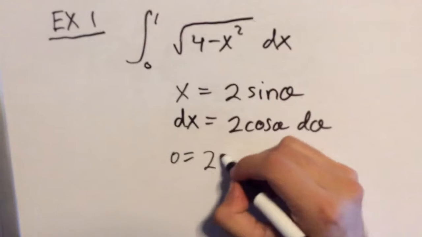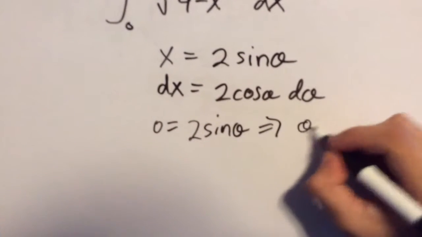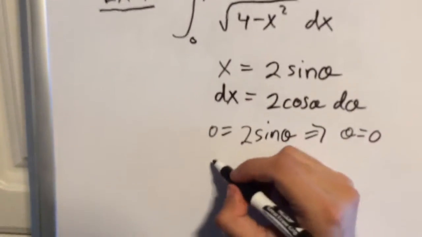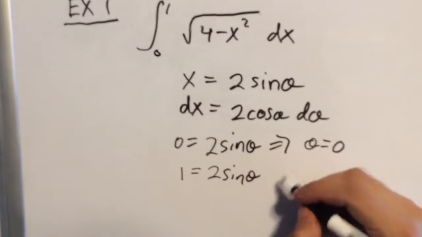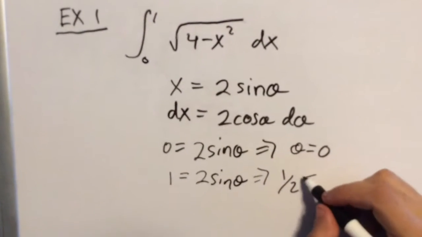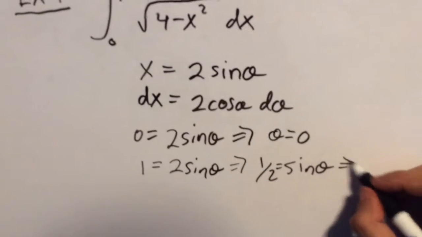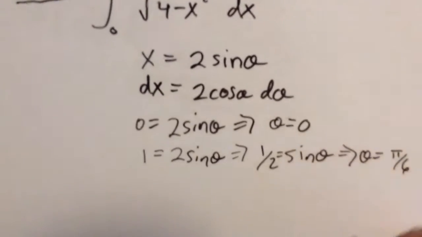So the lower bound 0 equals 2 sine theta, and theta will give us just 0. That's our new lower bound of integration. And our upper bound of integration is 1. So 1 equals 2 sine theta. Okay, so 1/2 equals sine theta, so theta will give us pi over 6.